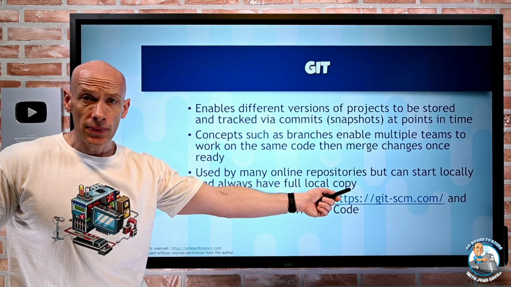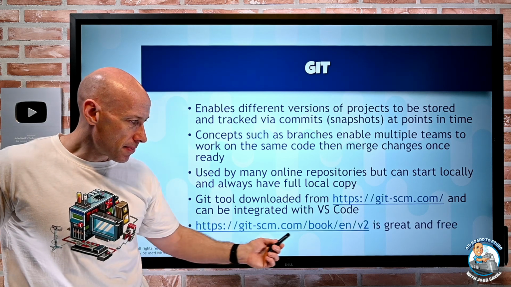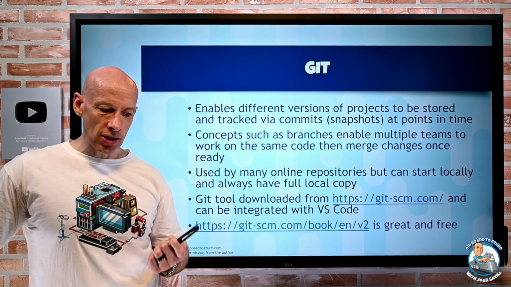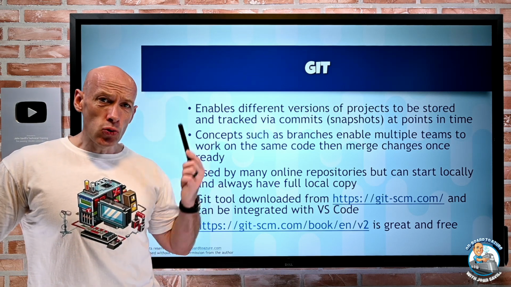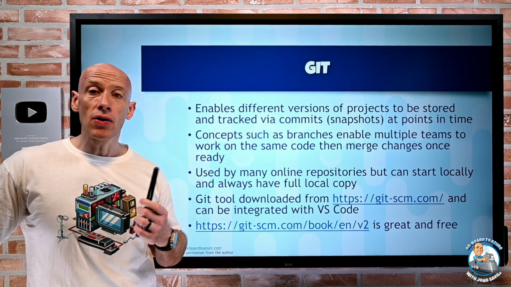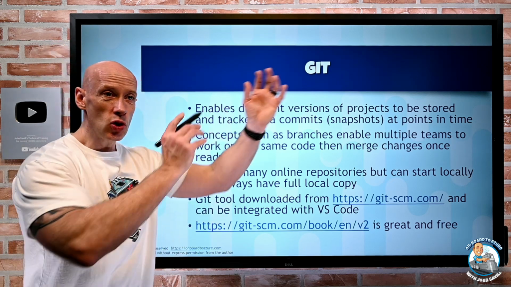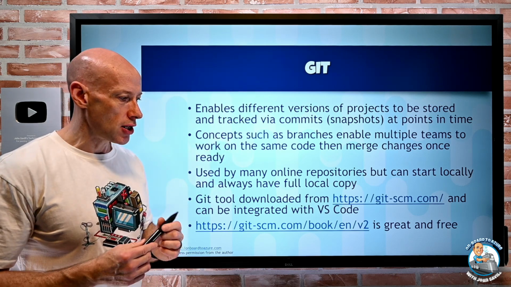It's free, git-scm.com. There's a fantastic book, it's free, that goes through all of the different elements and explains all the concepts for you. But then it does work with many online repositories that are Git compatible. So I don't have to think of some special thing. It's not some unique implementation. It just works with the various commands that I use for Git.